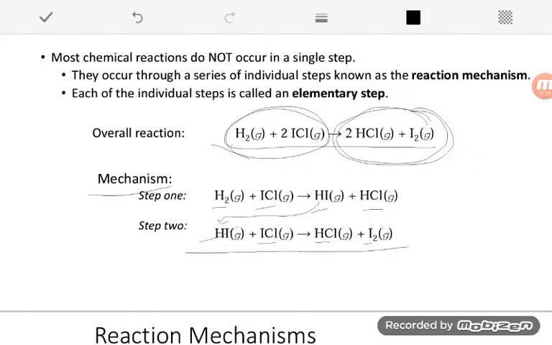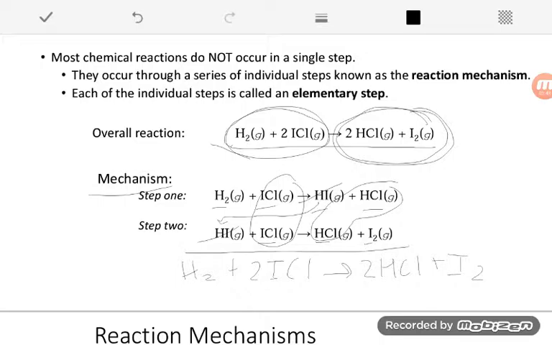So in this case we have HI on opposite sides, so those are going to cancel. So on this side we have H2, and then now we have, these are on the same side, so 2 ICl molecules. And then again, these are on the same side, so 2 HCl plus 1 I2.